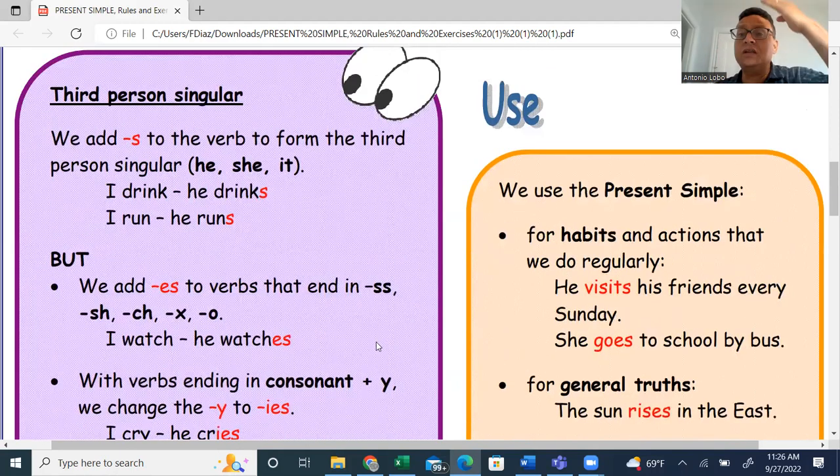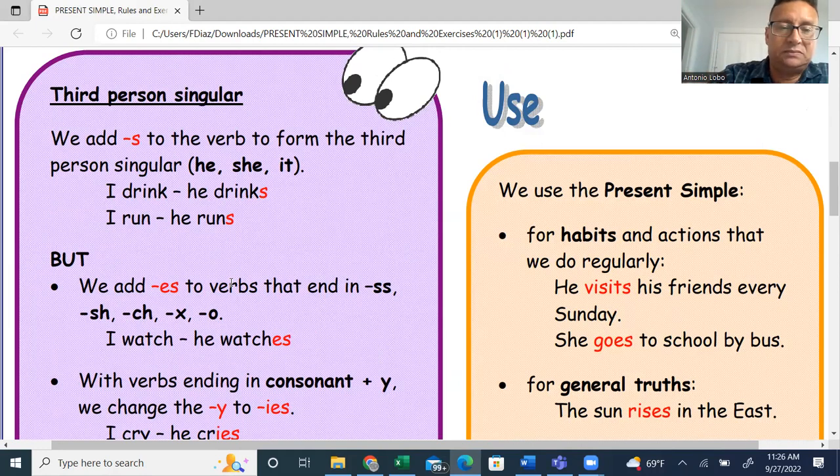This rule is only for affirmative and present tense. Not in past tense, it doesn't work with the future, just in the present tense. So here, in the present tense, depending on the verb, we have to add either S, ES, or IES.